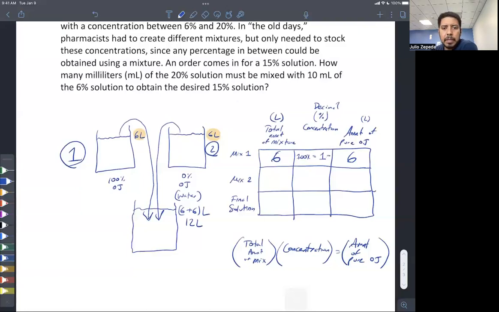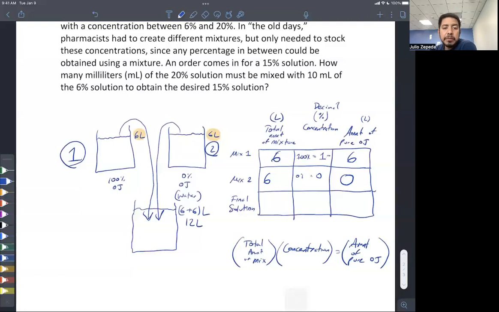Okay. The mixture number 2, there's also 6 liters. This one is 0%, which as a decimal is still 0. 0% orange juice. So how much pure orange juice is in mixture number 2? Well, we multiply across. 6 times 0 is 0.